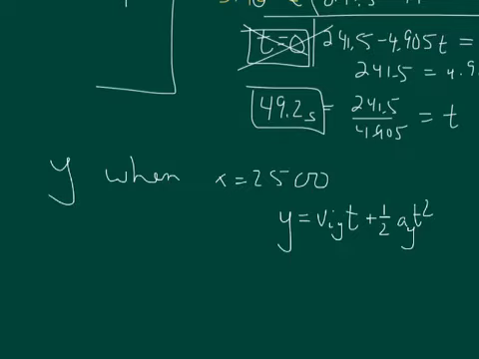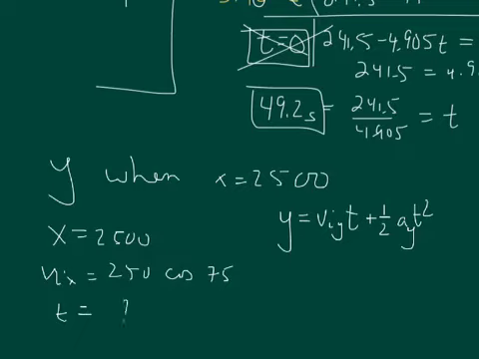Because look, in the x direction, we now know x is 2,500. We know that Vix is 250 cosine 75 from earlier. That value has not changed. So let's go ahead and find the time here. And if we know that time, then we know that time corresponds to 2,500 for x, which also corresponds to what we're looking for in the y direction.